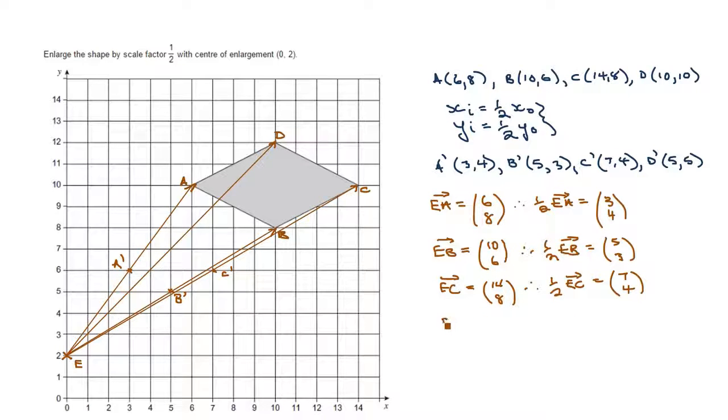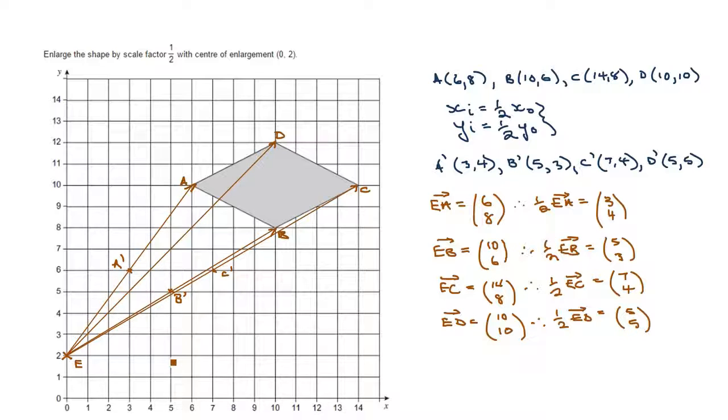Finally, E to D. So E to D is 10 along and 12 minus 2, 10 up. Half of E to D then is going to be half of 10, 5, half of 10, 5, so 5, 5.